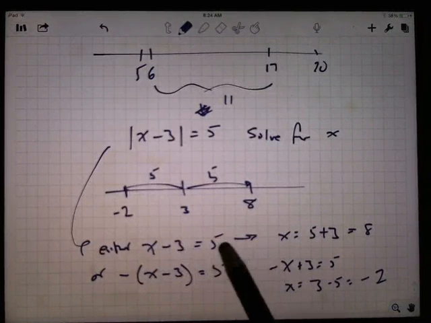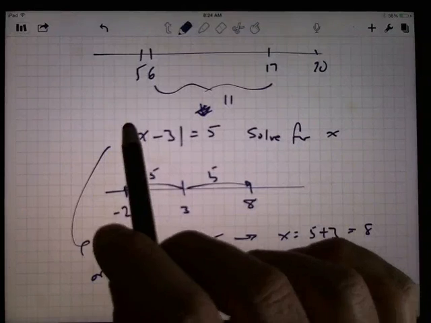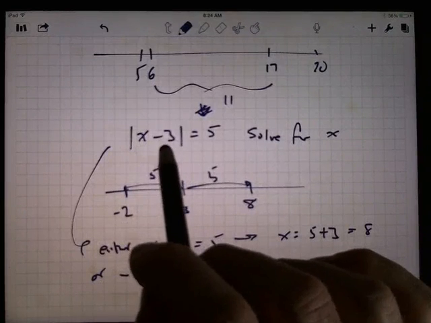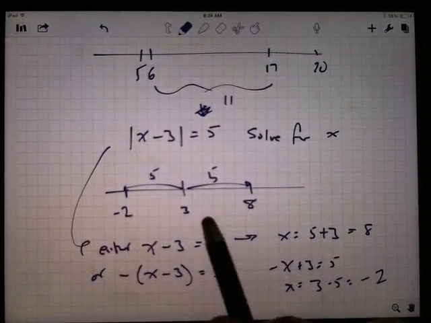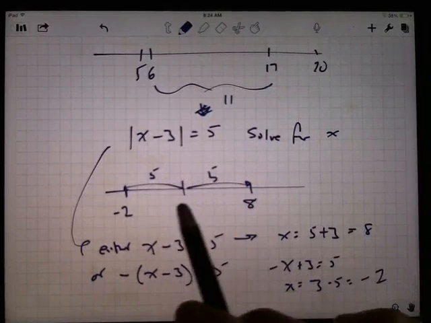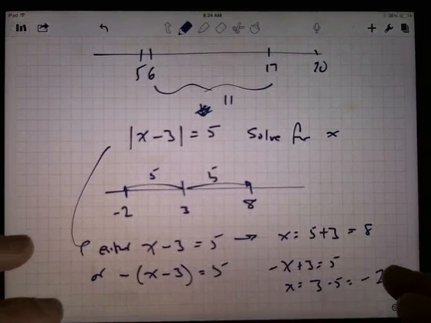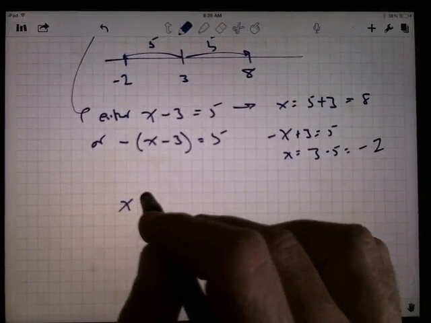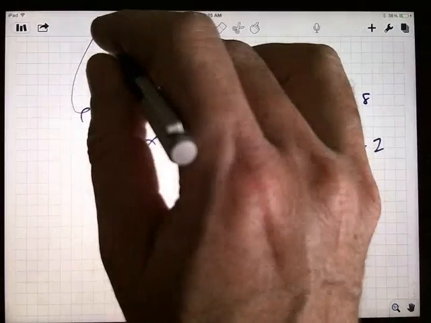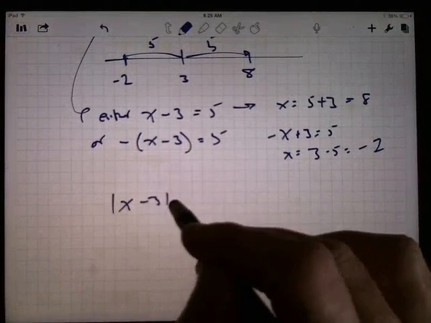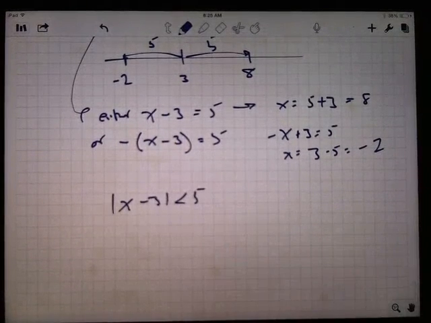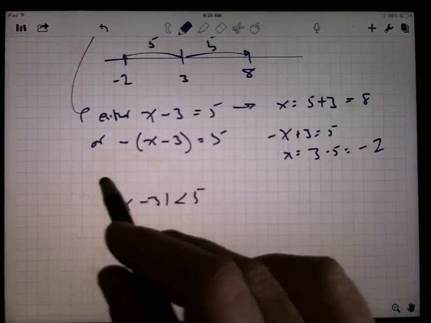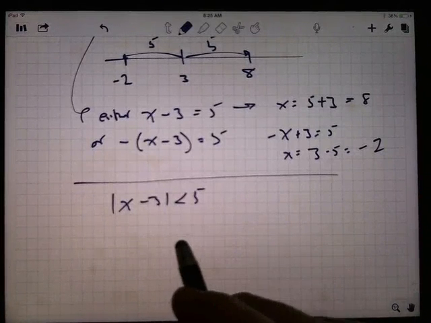You can do it algebraically, but if you think of the absolute value of a difference of two numbers as the distance between them, this sets you up for easily seeing how to solve that. Likewise, when we have an inequality, if I said I want the absolute value of x minus 3 to be less than 5, I'm saying I want all the x's whose distance from 3 is less than 5.